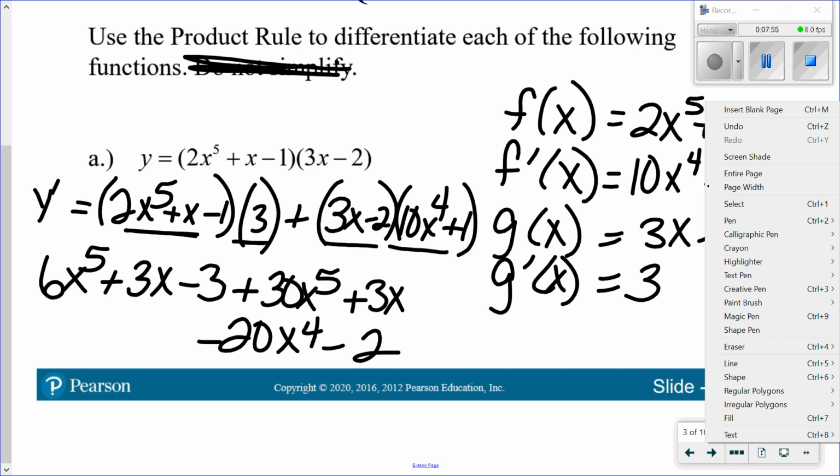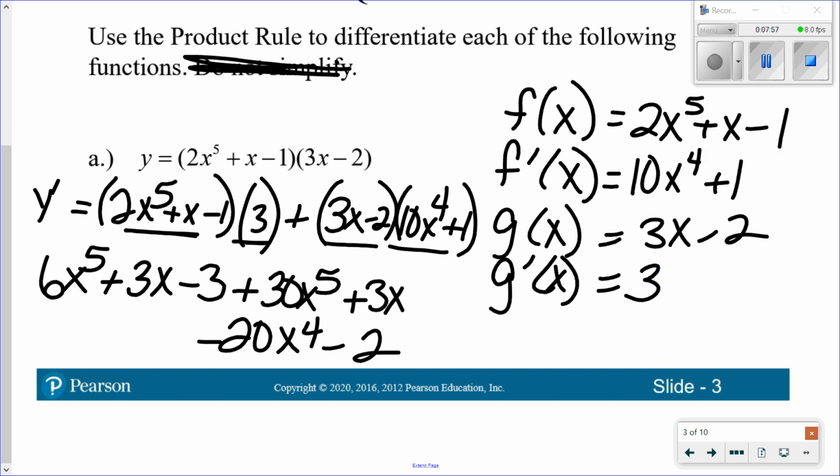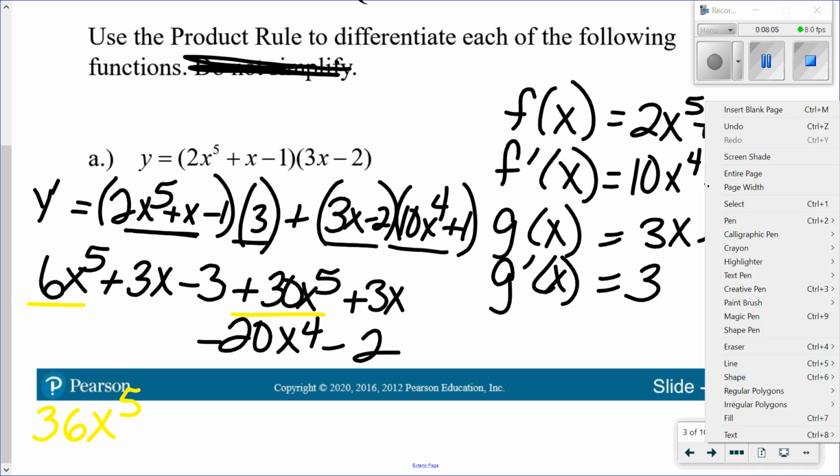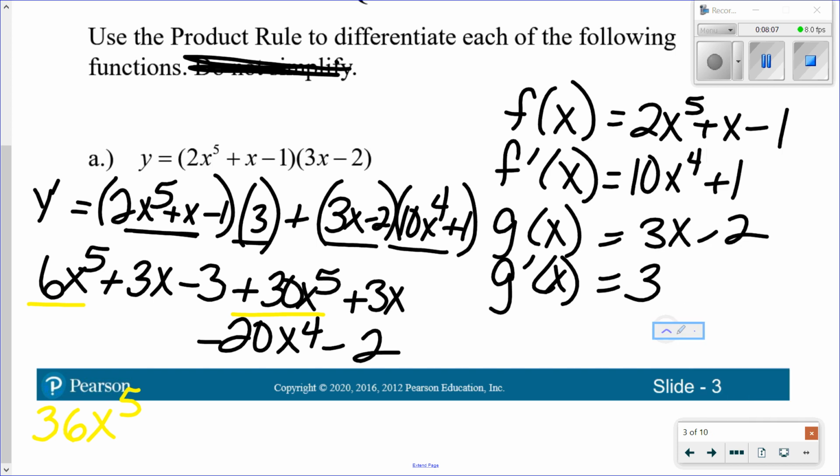Let's get some colors. Start with a yellow. So I have a 6x to the 5th and a 30x to the 5th. So that's 36x to the 5th. And we have minus 20x to the 4th.